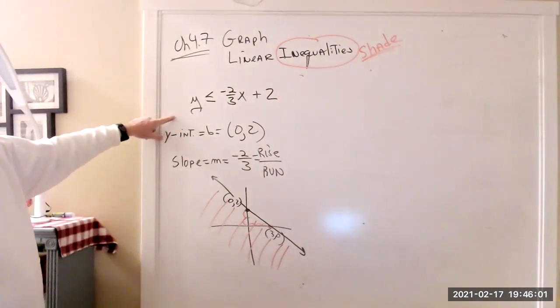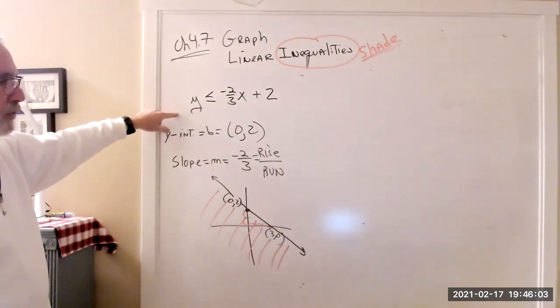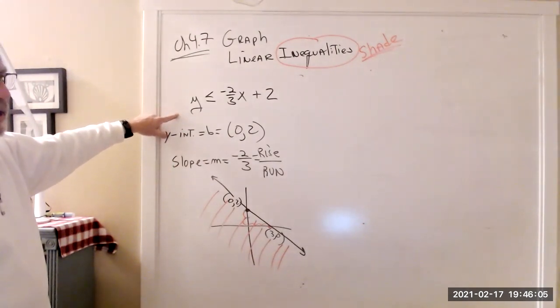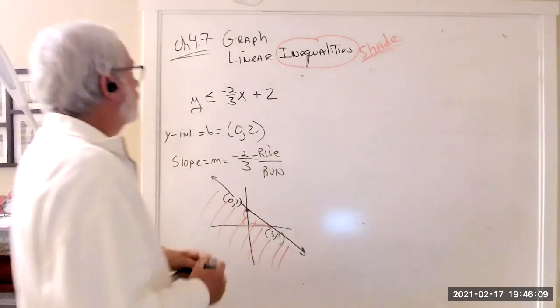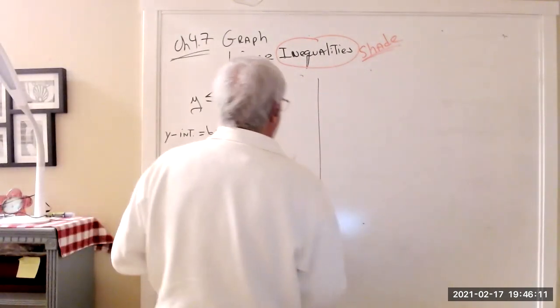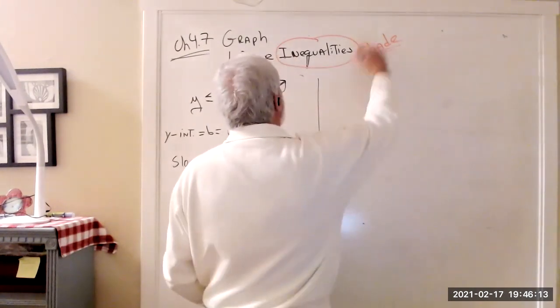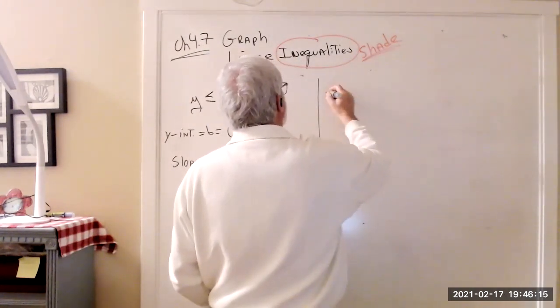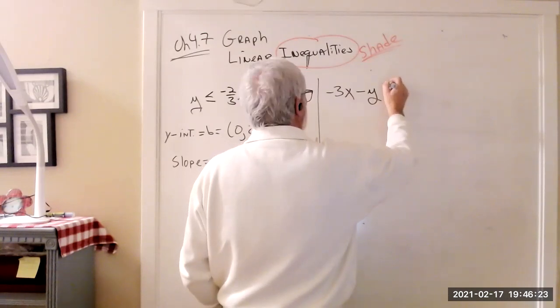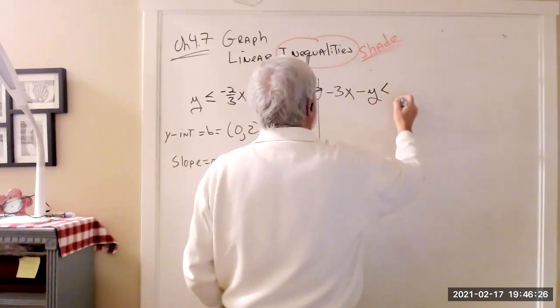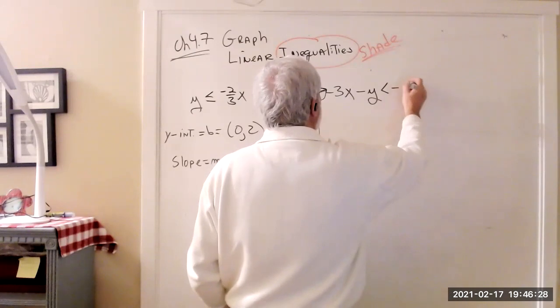You're going to get tons of practice on this in your homework and when we hit chapter 5, which is in about 10 minutes from now. Okay, so I want you to try this one. Negative 3x minus y less than negative 9.